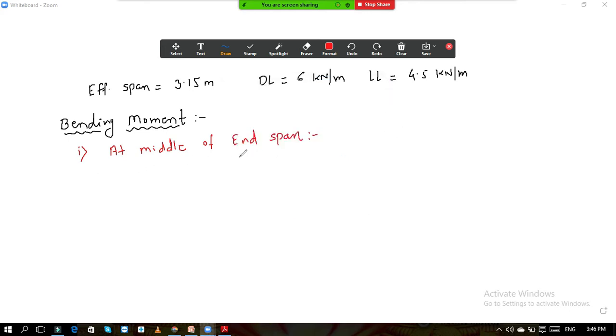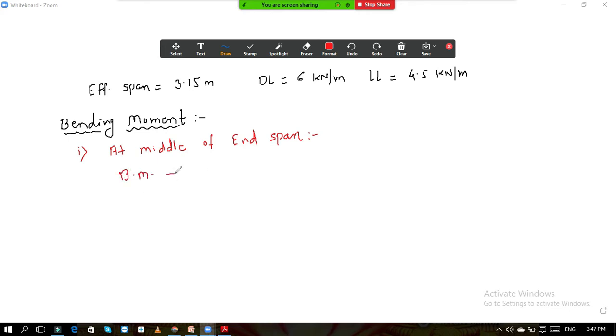So at the middle of the end span, I have just shown you the coefficients. The coefficient for dead load is 1 by 12 and the coefficient for live load is 1 by 10. We just need to multiply those by the term WL square. I will write the formula.